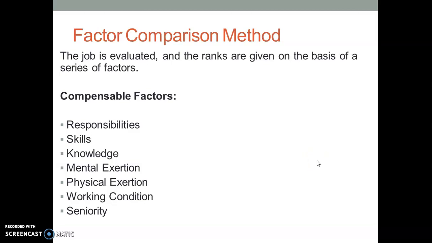Now another dimension with respect to compensable factors is knowledge. Knowledge is a set of information, a set of experience which an individual has, a set of implicit or explicit dimensions of knowledge through which an individual executes any type of task, which helps the individual to perform responsibilities, duties and tasks.